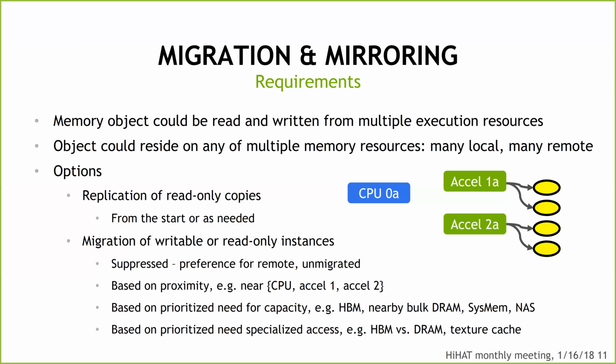Or you could move it around. And where you put it could be based on proximity. It could be prioritized based on need for capacity, whether you're using high bandwidth memory or nearby bulk DRAM or system memory or network attached storage. You could prioritize based on specialized access, whatever. And again, Hi-Hat doesn't care. You want the full flexibility for a variety of different options, and so you can specify what you want for this.